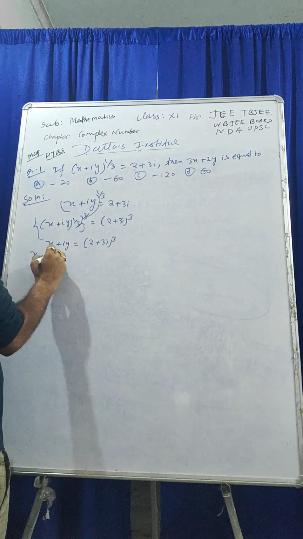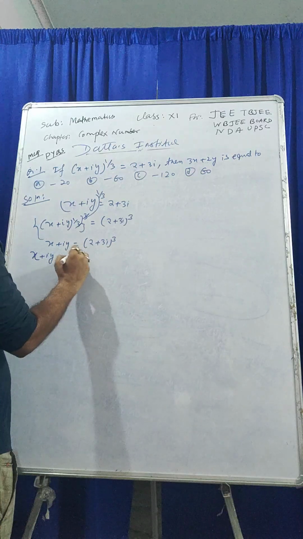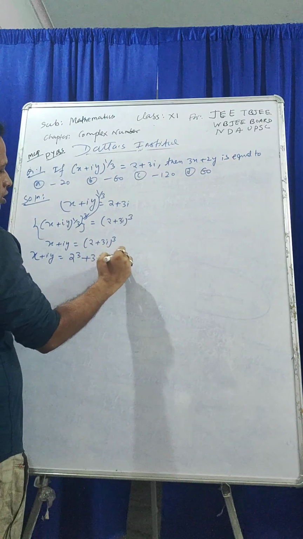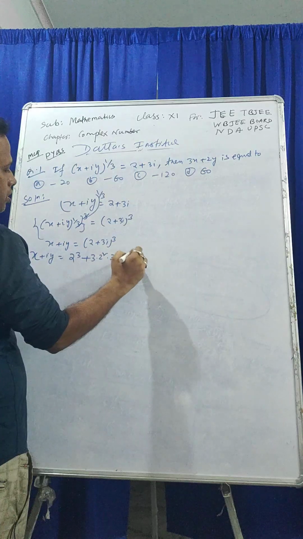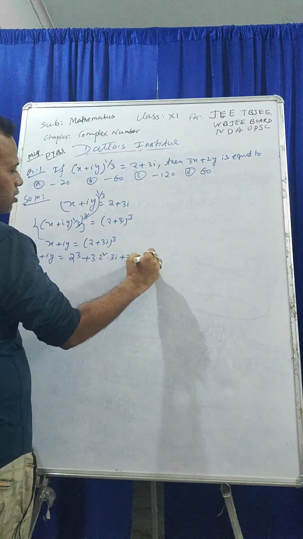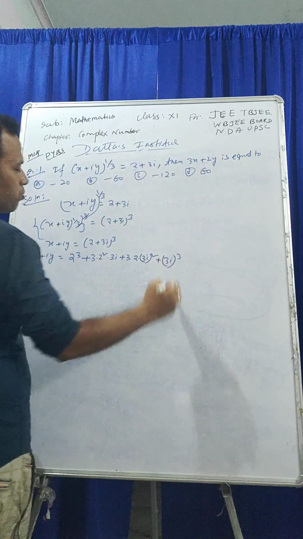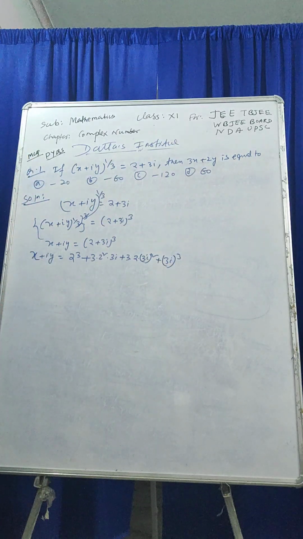So x plus iy is equal to a cube plus 3 a square b plus 3 a b square plus b cube. Okay, fine.